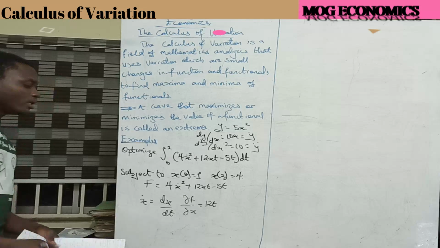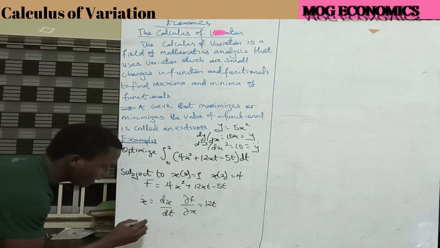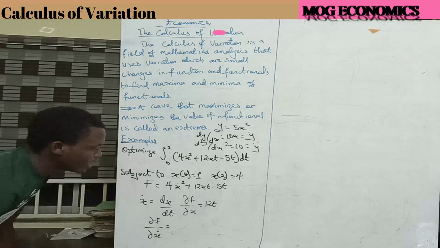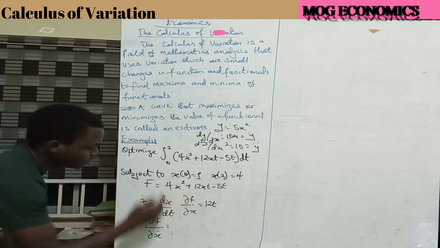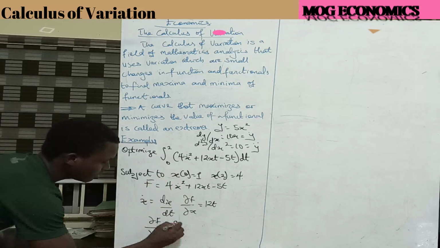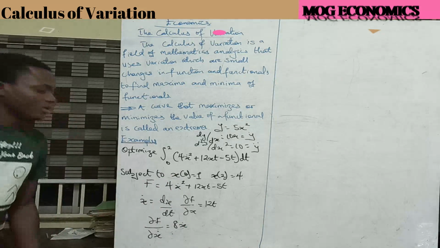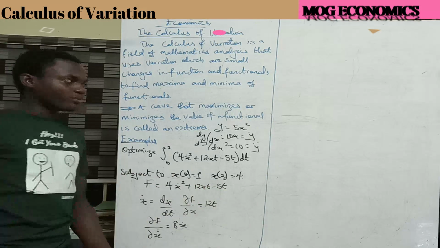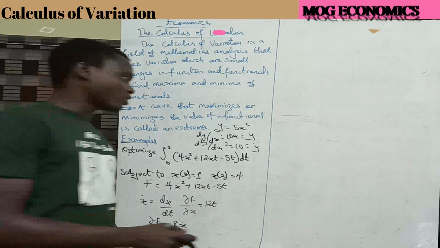That's not all. Then we also do the partial of f with respect to x dot, which is this guy. When you do that, you have 8x dot. So we don't have this type of x here anymore. Your partial derivative is simple, so it shouldn't give us any problem.